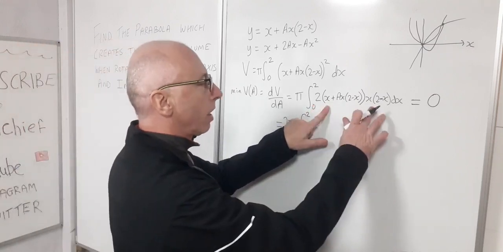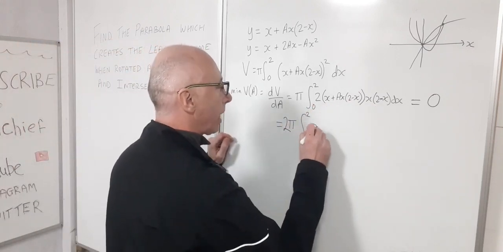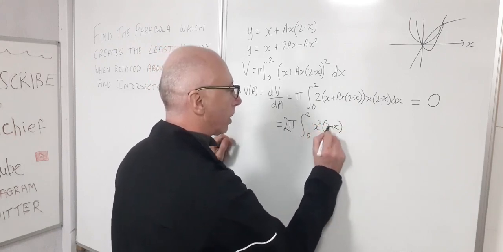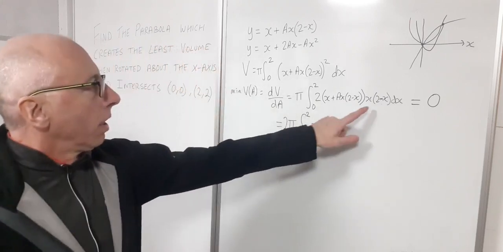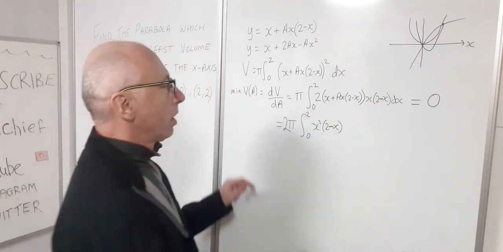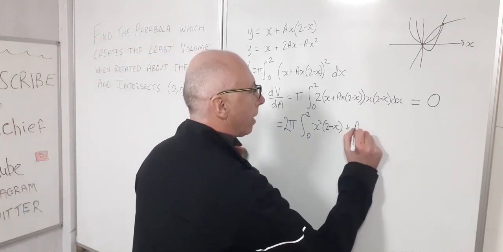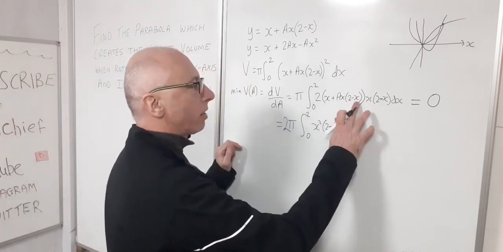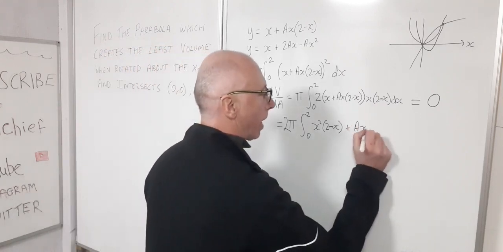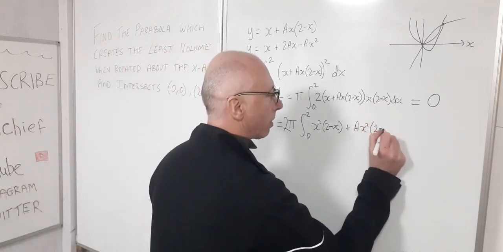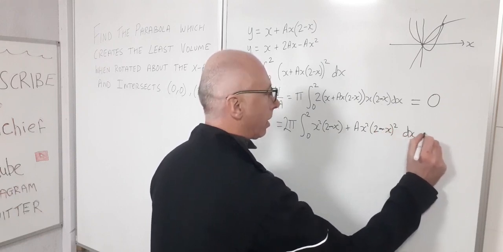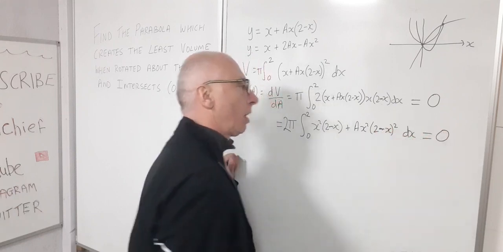So x times all of this will just give me x squared times (2 minus x). And now I've got this term, which I can also distribute. So now I'm going to add a times x(2 minus x) times x(2 minus x), we just square both of those terms. So x squared (2 minus x) squared, dx. And that all equals 0.